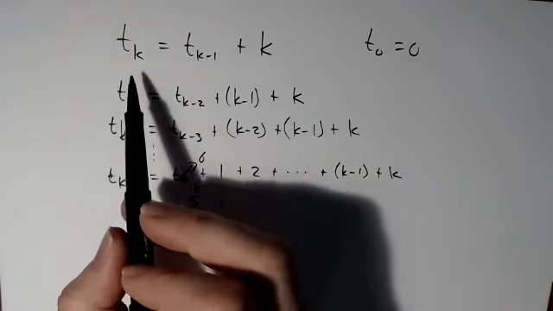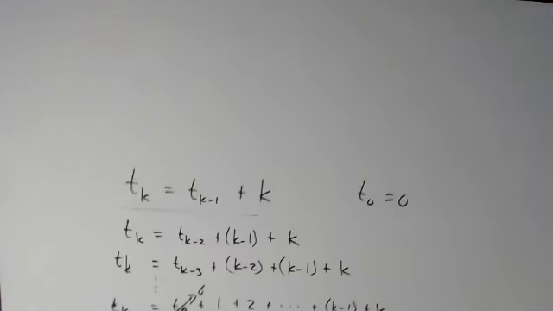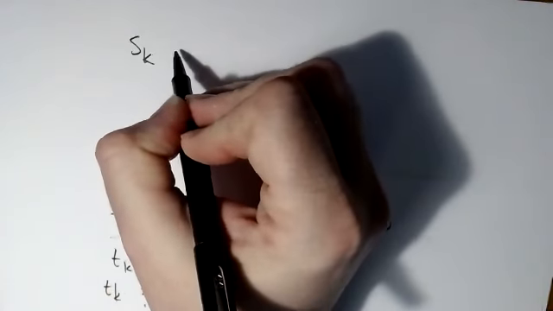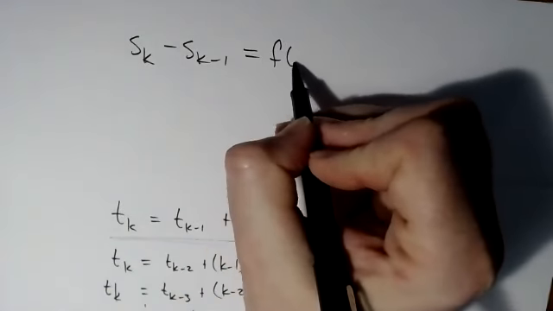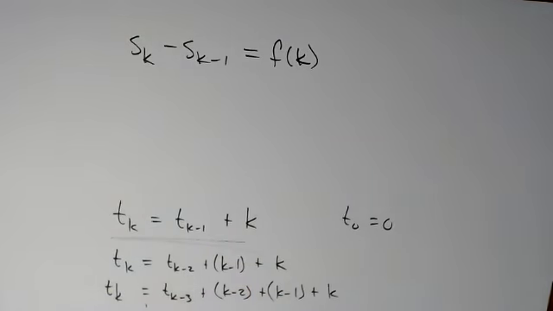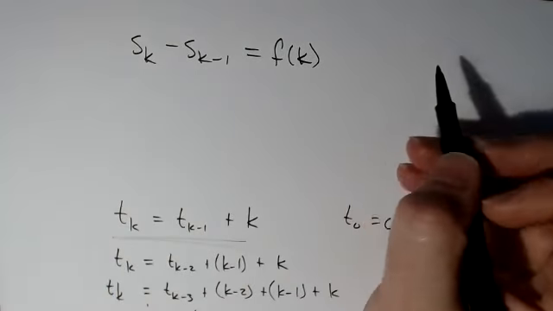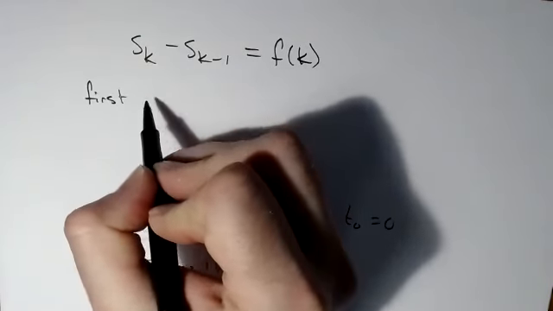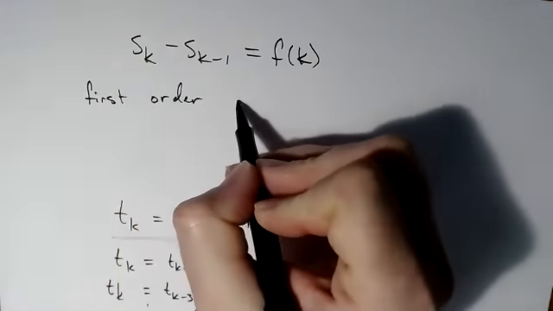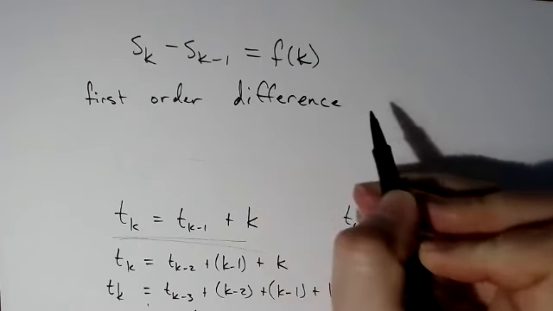This kind of recurrence, a recurrence that can be written in the form s_k minus s_{k-1} equals f of k, is called a first order recurrence, but it's also a first order difference equation.